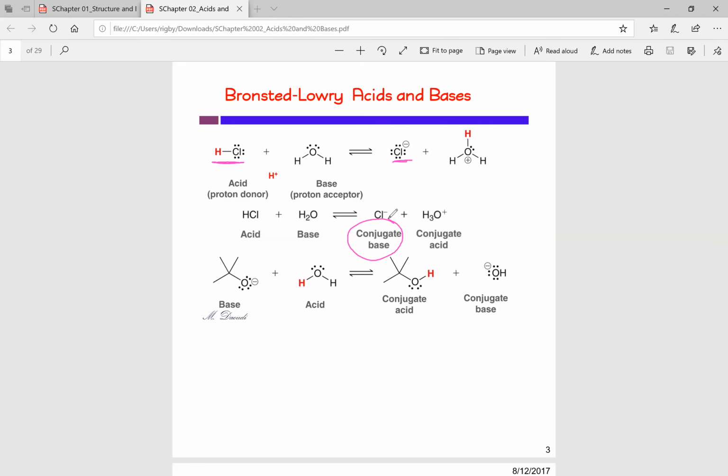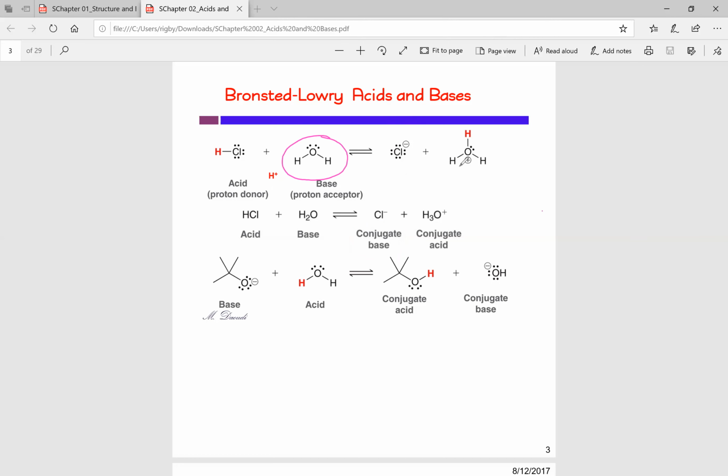And we consider this a conjugate base because you can see here how this chlorine is now more likely to accept a hydrogen than donate one, seeing as it doesn't have any more hydrogens. So in this case, Cl negative is now the conjugate base of the HCl acid that we started with. On the other hand, we start with water as our base, as our hydrogen acceptor.